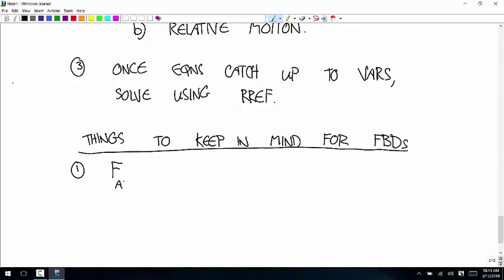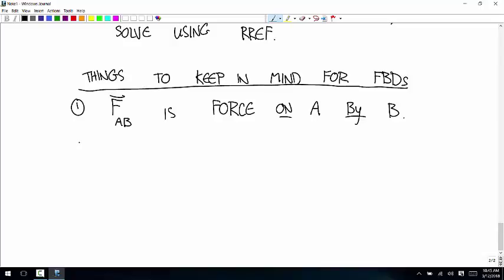Like the force on A by B, FAB is force on A by B. Newton's third law says the force on A by B is negative force on B by A. And so you'll need to use that to reduce the number of forces down to the minimum you can have.